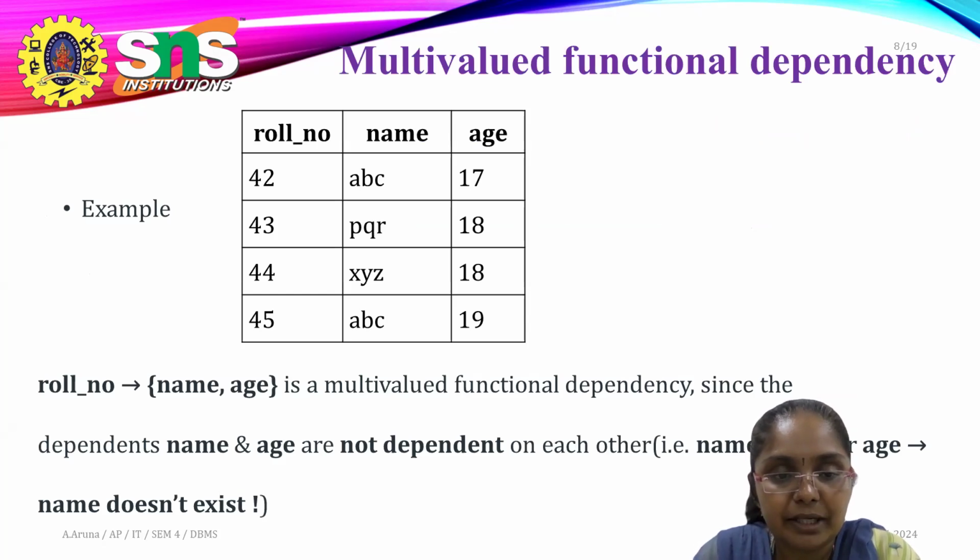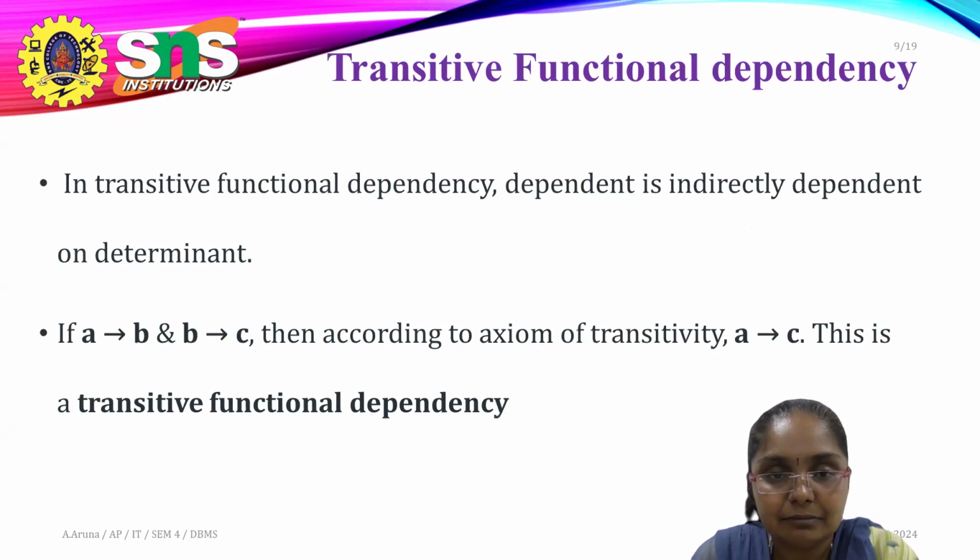For example, roll number tends to name and age. Here, a particular roll number student can have a name and also an age. So this type of dependency we can call a multi-valued dependency. Roll number tends to name is not a multi-valued dependency.